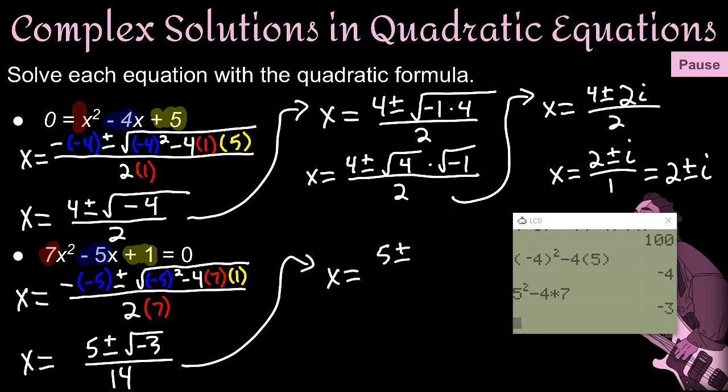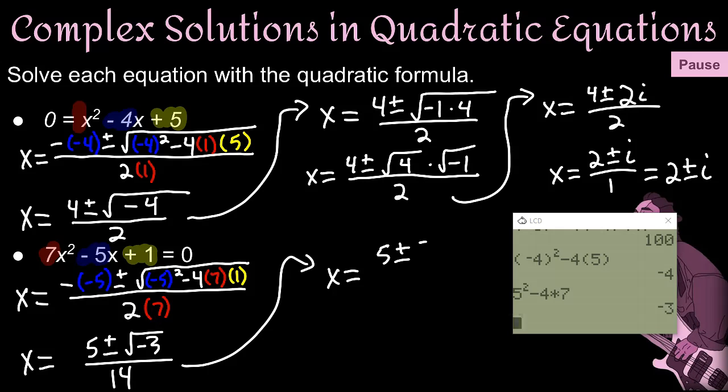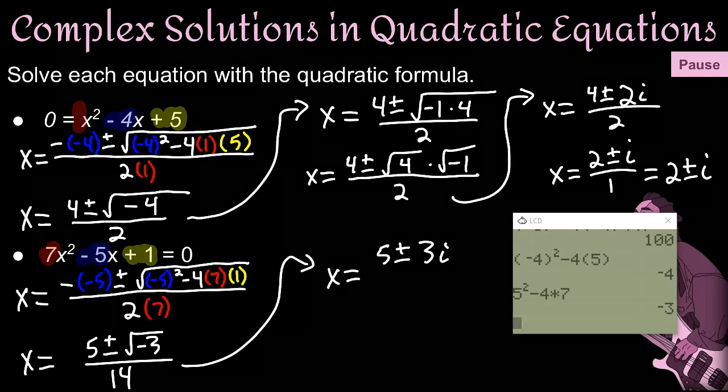So really what we have there is square root 3 times i, because that square root 3 will come right here, times square root negative 1, that negative is the i.